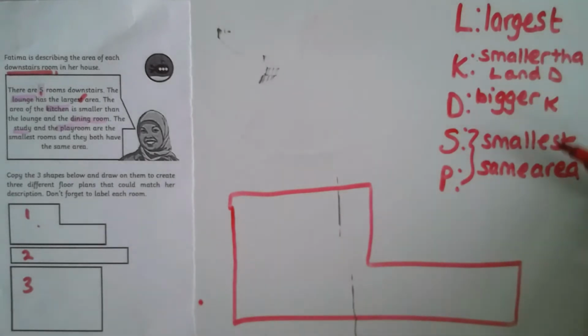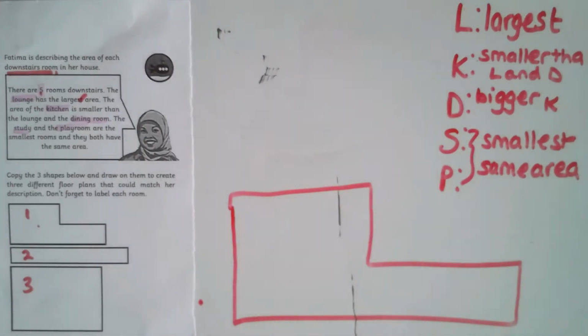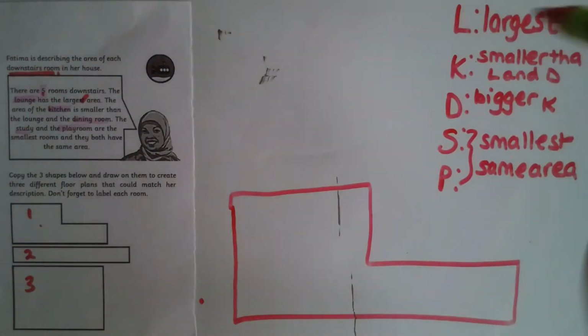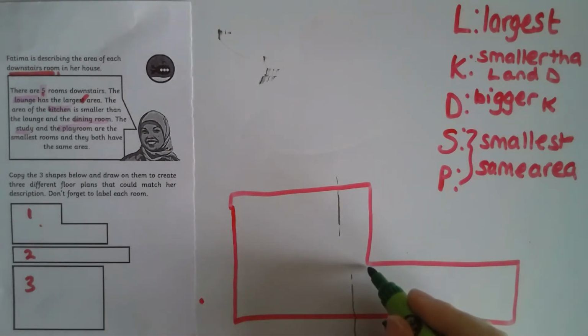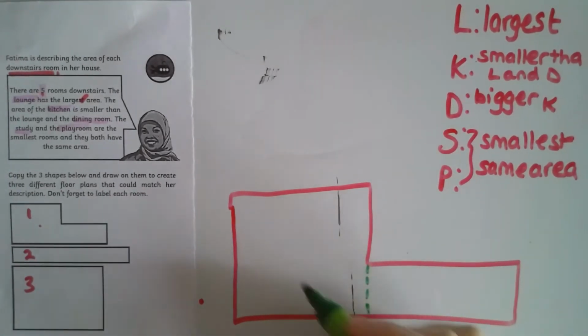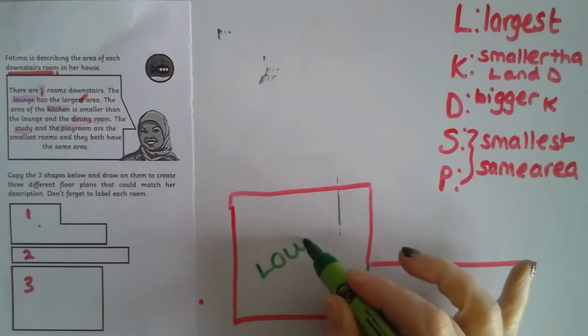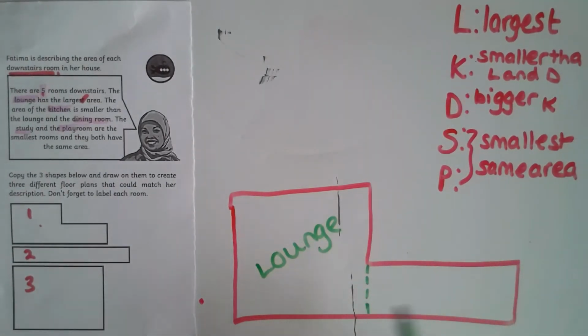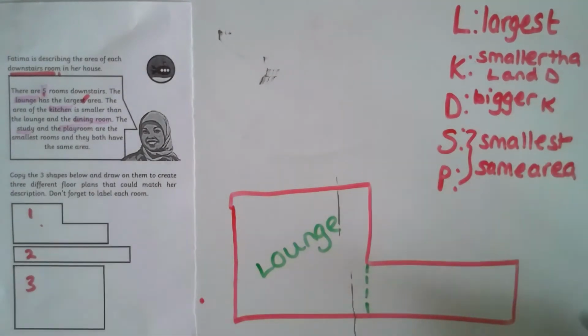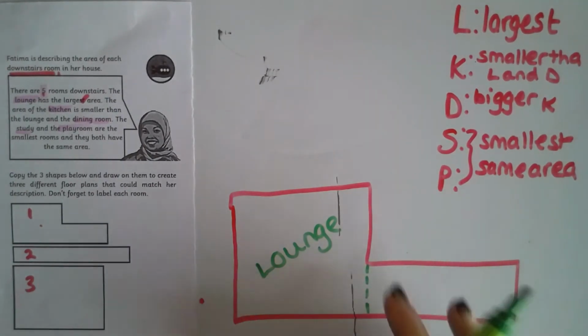So I'm just wondering, if the lounge is the biggest room, I could, if I wanted to, just draw a little line down here, and I could make this whole space here the lounge, because we know that's the largest. I could start there, and then it would leave me with this little space here to fit in all the other rooms. Now I don't know if that will work, so that's one way to think about getting started.